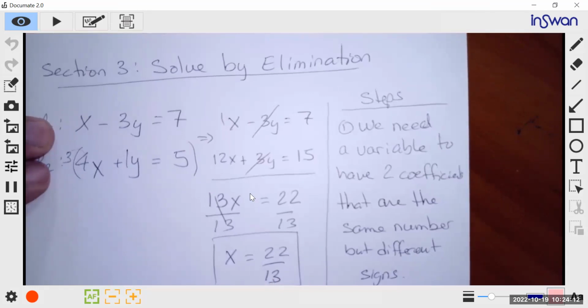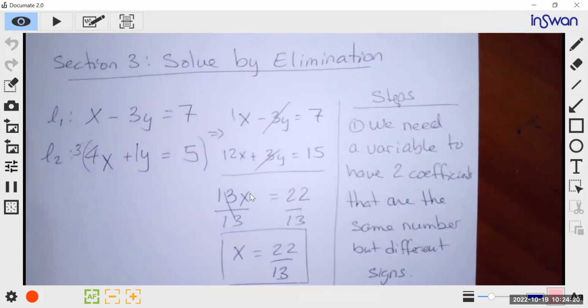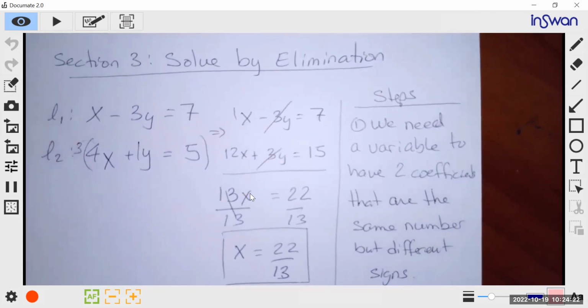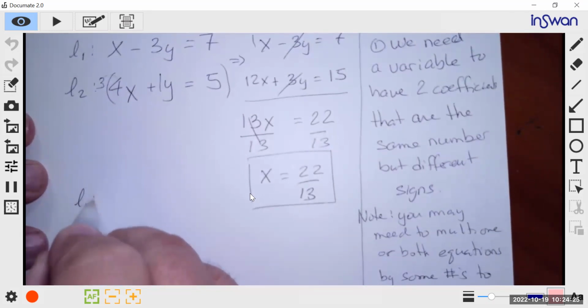So which one looks easier to plug into? The top or the bottom one? The top one, yeah, because it's just x by itself. So go ahead and use line 1.